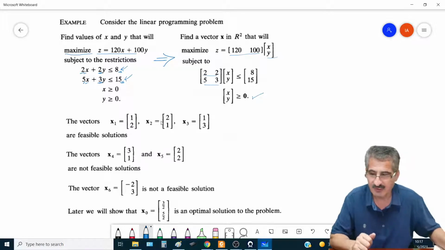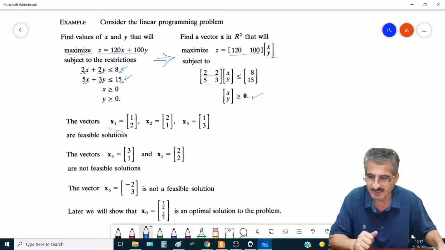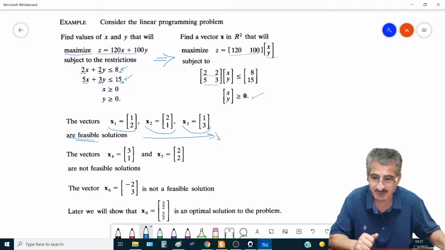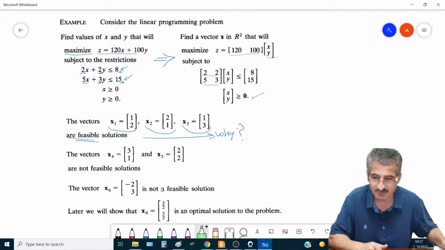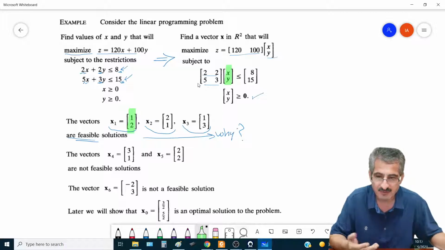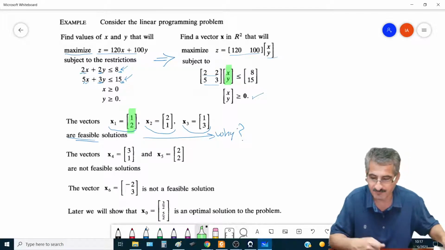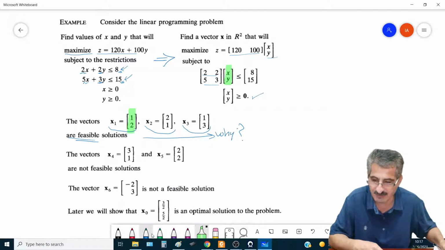Good. Now notice that x1 is a feasible solution, x2 is a feasible solution, x3 is a feasible solution. All of them are feasible. Why? Because they satisfy the constraints. If you substitute x1 here, it will satisfy the inequality. So let's do it.